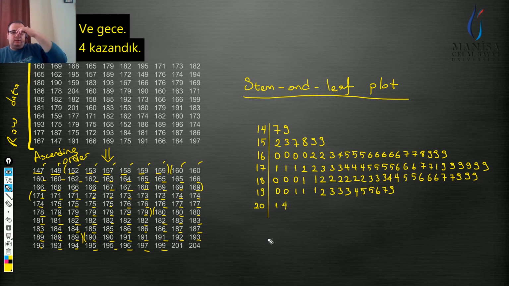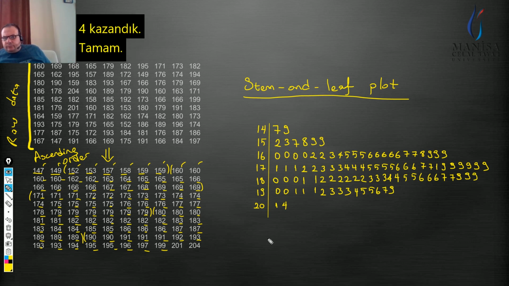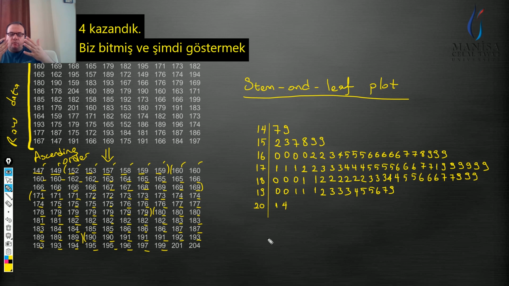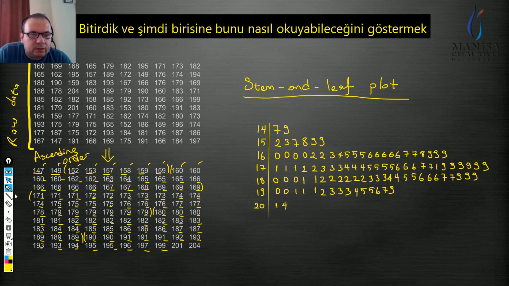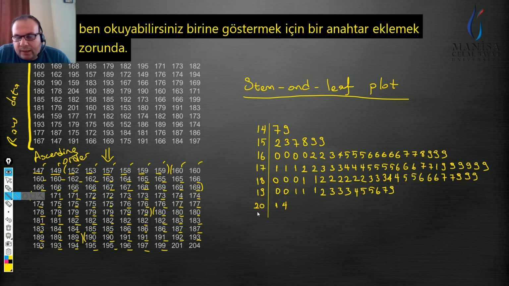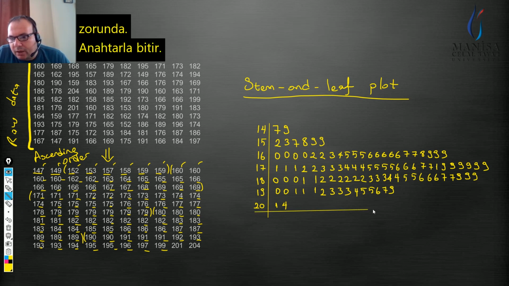Okay, we've finished, and now we have to add a key to show someone how to read these stem and leaf plots. I will finish with a key at the bottom part of this plot.